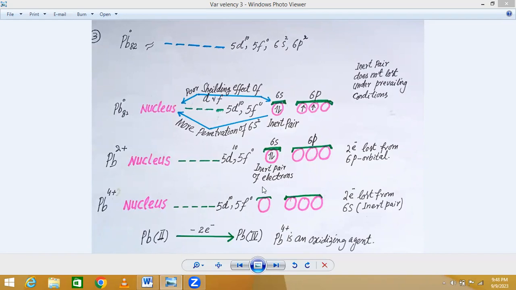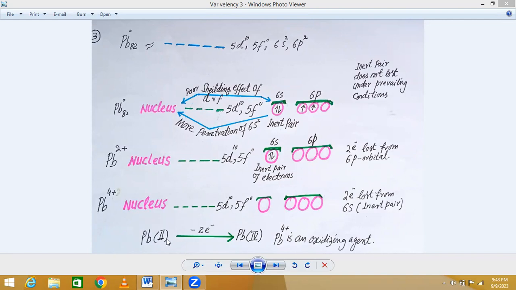So by changing the condition, they can also be lost from 6s to give the configuration of the next oxidation state of lead, that is lead 4 plus. Now you can see the configuration here. 6s is also empty, and here p is empty.